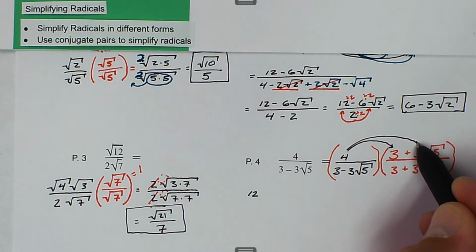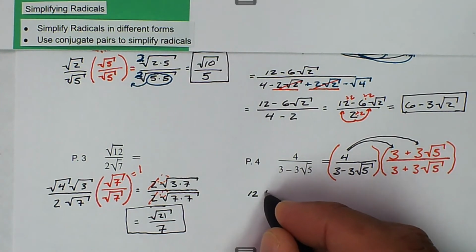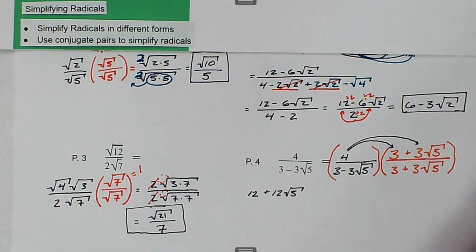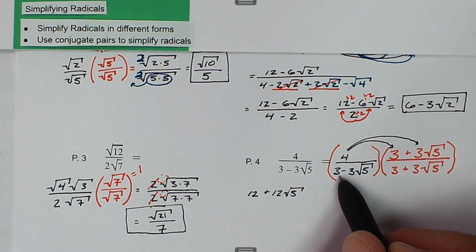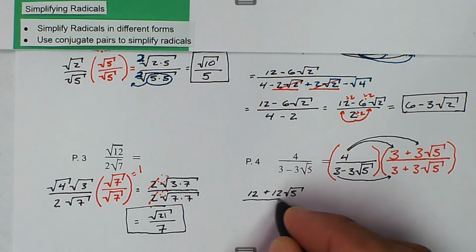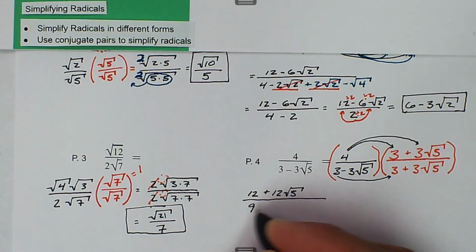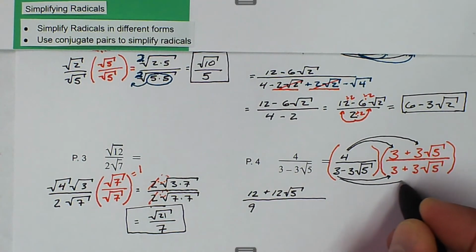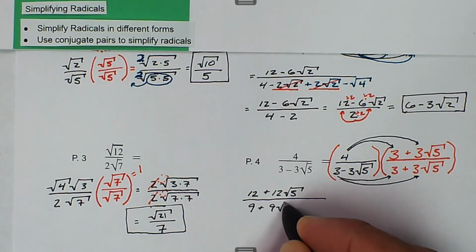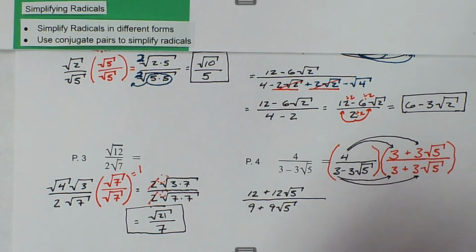And 4 times 3 square root of 5 is plus 12 square root of 5. Then in the denominator, we can say 3 times 3 is 9. And 3 times 3 square root of 5 is 9 square root of 5.